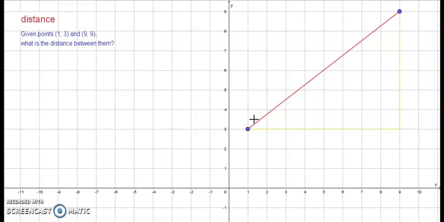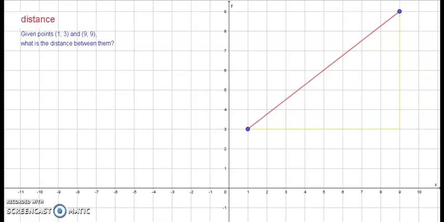In order to find the length of this line, or the distance between these 2 points, we make use of Pythagoras, right? So the horizontal component of the distance squared plus the vertical component of the distance squared is going to give me this line's length squared.